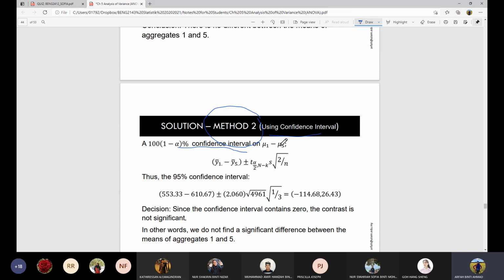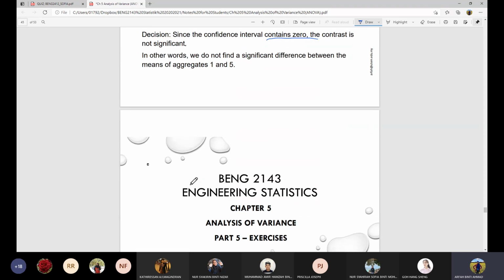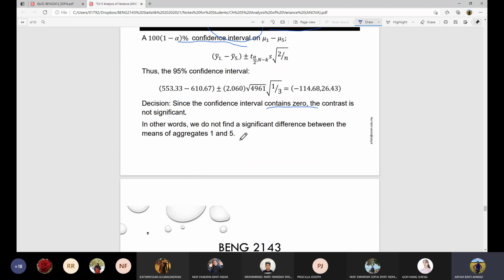So macam mana nak tahu kita reject H null? If the confidence interval contain 0, kita akan reject the null hypothesis. Or otherwise, if the confidence interval does not contain 0, we will accept the null hypothesis.